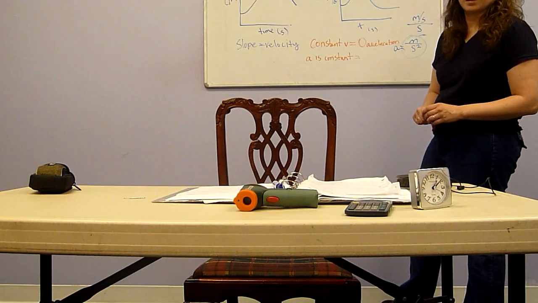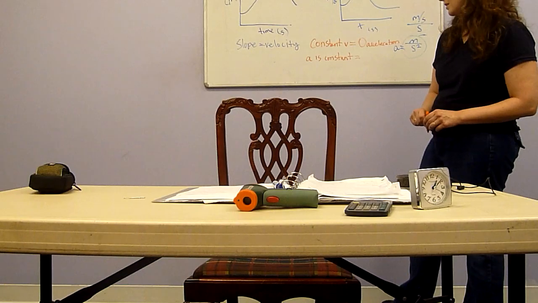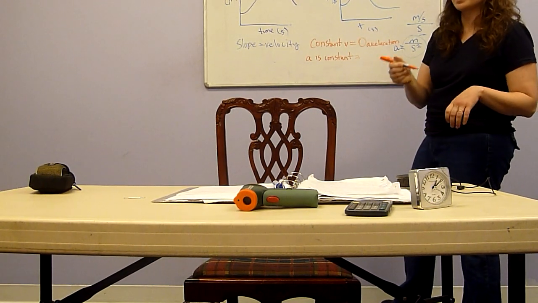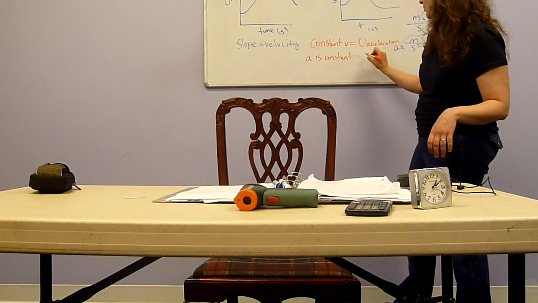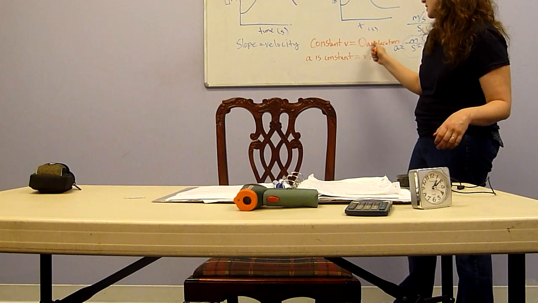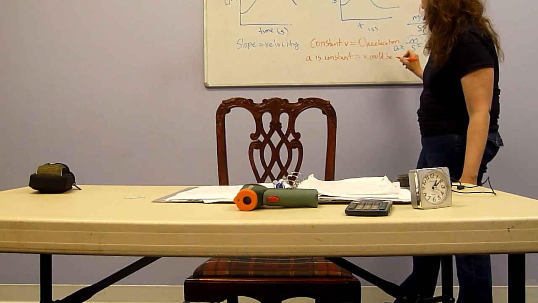If you're applying the brakes, you're accelerating in the opposite direction. So as long as it's accelerating constantly, velocity could be changing. Or if acceleration is constantly zero, velocity could be constant.